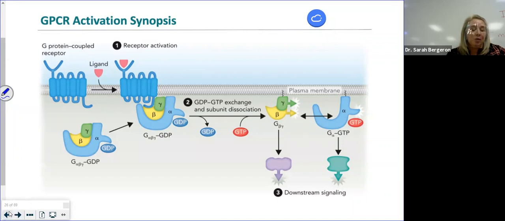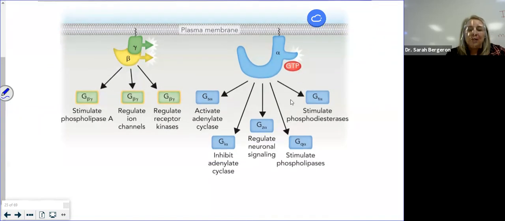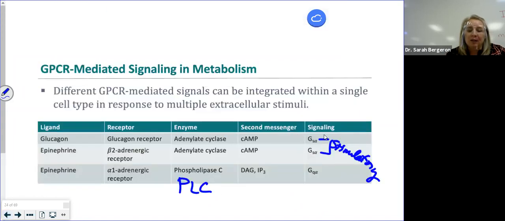Okay, so let's go back one slide, right? We have this G protein, alpha, beta, and gamma. They're dissociated because they're active. This alpha subunit has GTP. So there are different alpha subunits, and the different alpha subunits are going to do different downstream effects, right? So what did we say this was going to activate?